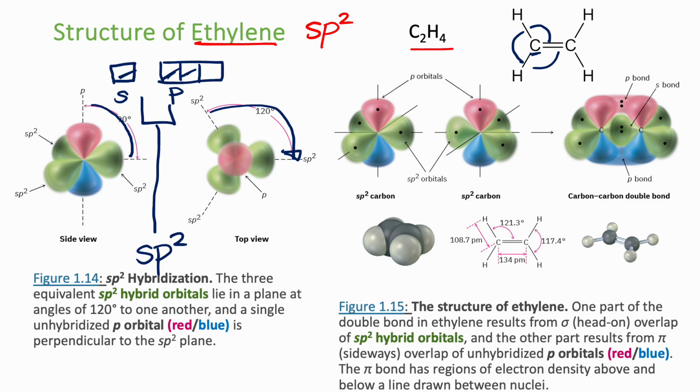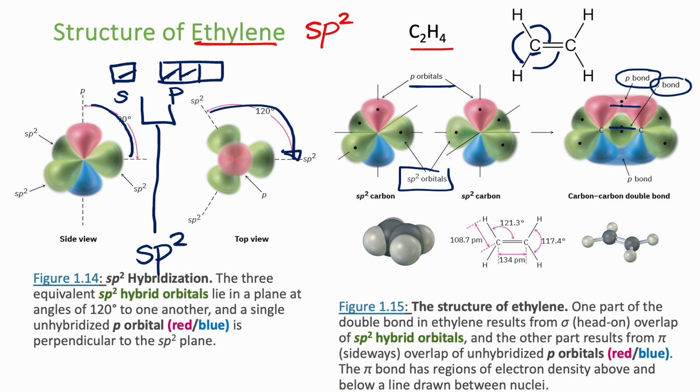Here, this is just showing you the types of orbitals, the ones that came together to hybridize. Remember, P and S, like I mentioned. What happens here is you have 2 different types of bond. For that double bond, we have a sigma bond and then a pi bond. So we have 1 sigma and 1 pi.